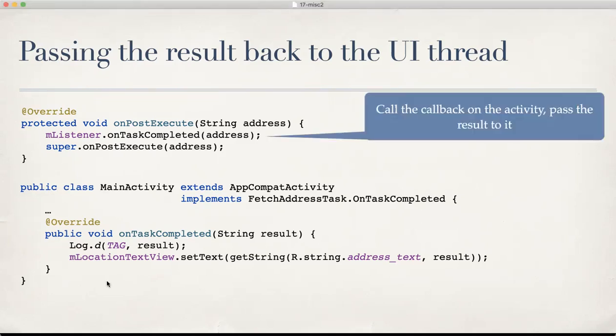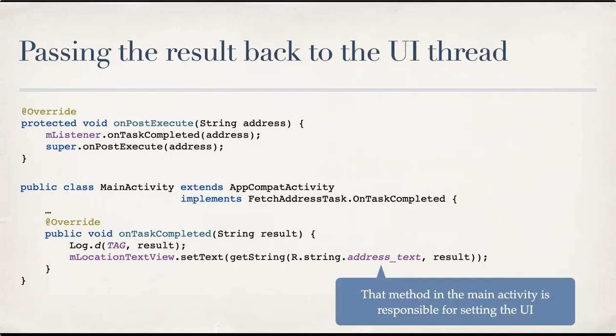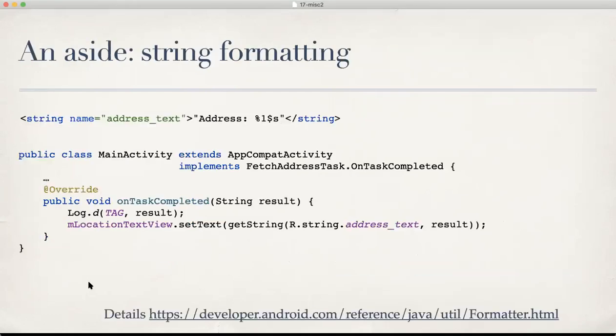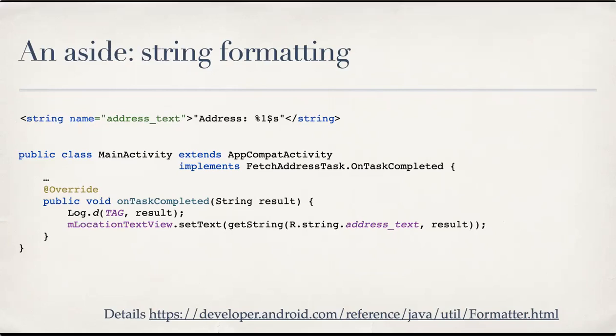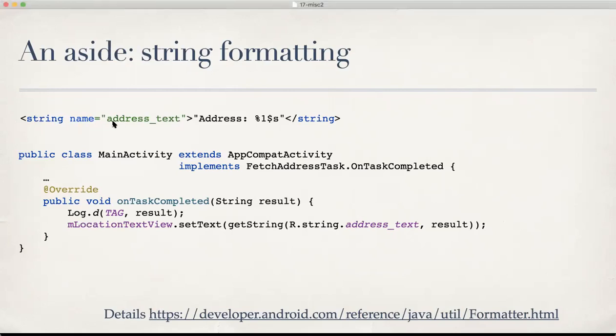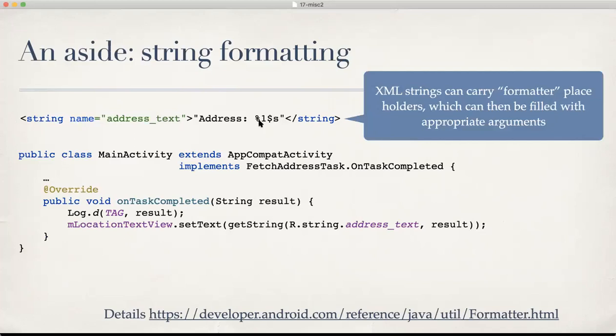All right. So a little aside here, you can also add string formatting to your Android XML strings, where the XML string can be of this form, where you have the first parameter and it's a formatter. It's a placeholder, not an actual value.